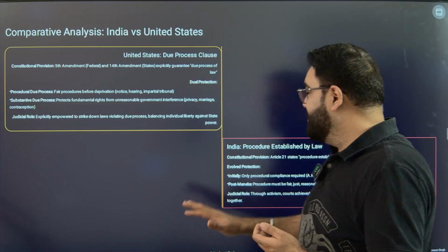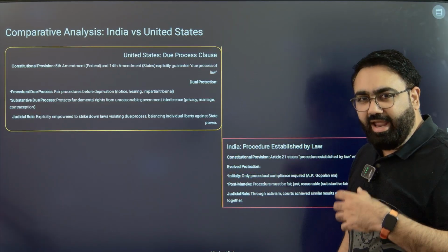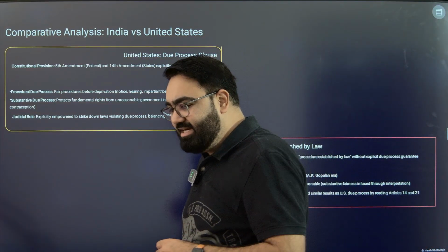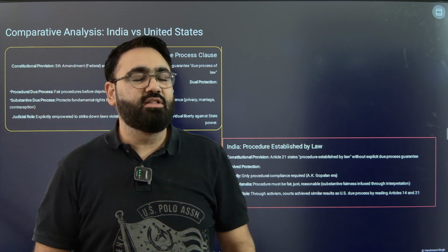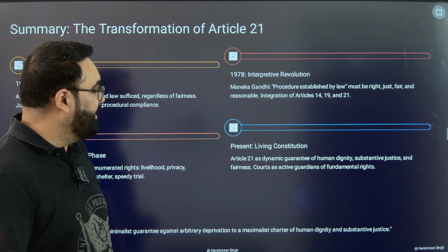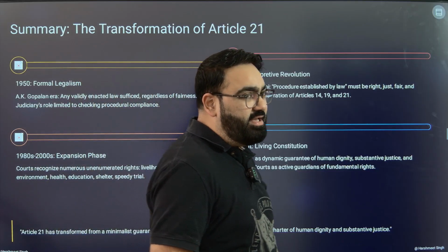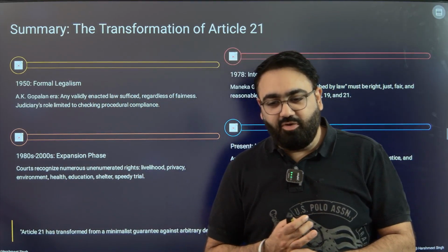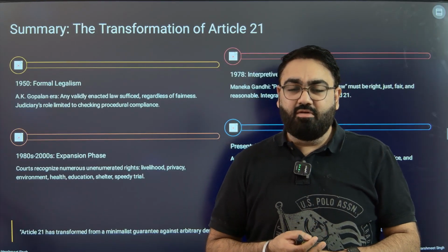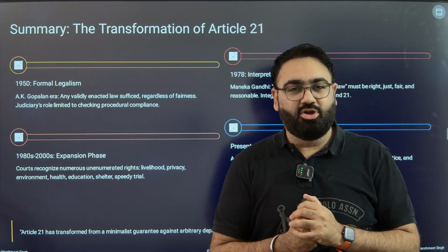It has been used by the Supreme Court to expand many fundamental rights, especially Article 21, from time to time. And that was all after the famous Maneka Gandhi case. This is everything that you needed to know about Article 21, due process of law and procedure established by law, which is an extremely important topic for your examination.